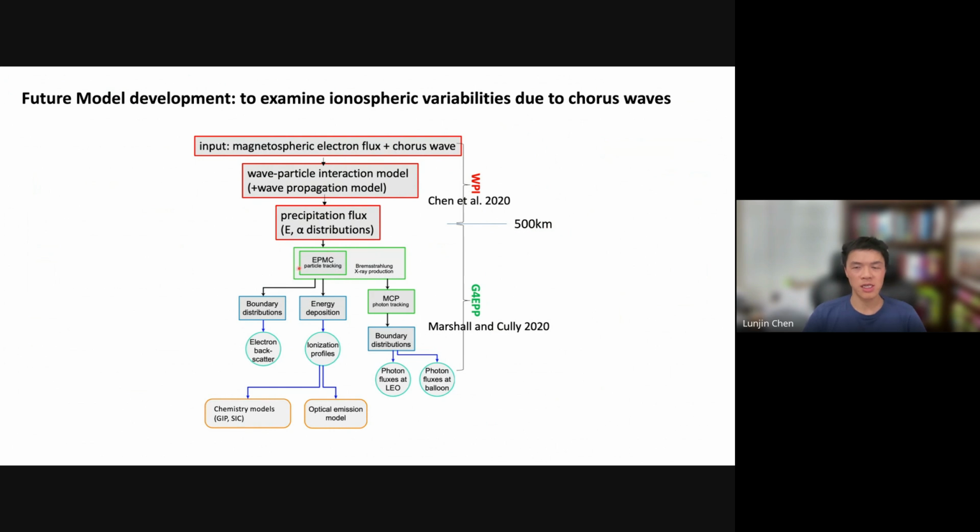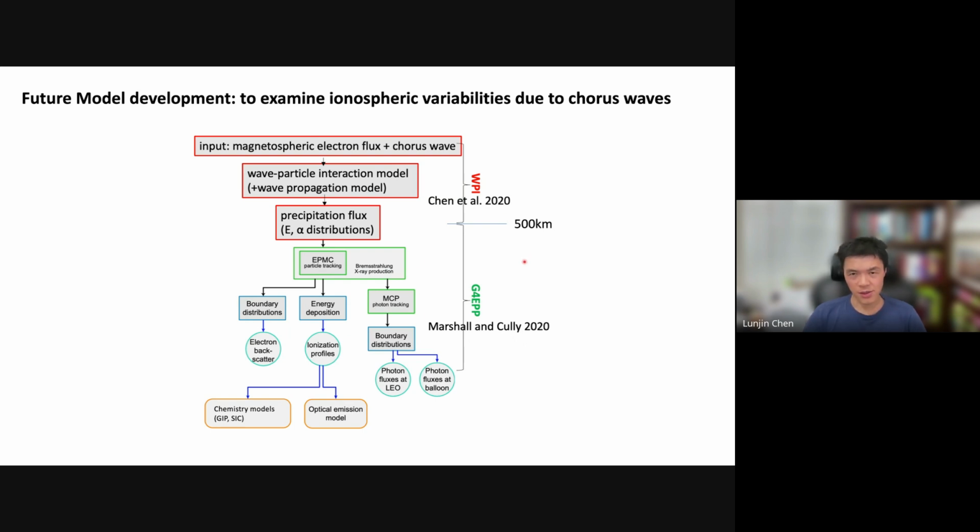This part of the model that treats collision processes through Monte Carlo simulation is done by G4 EPP, developed by Marshall and Kelly et al. 2020.